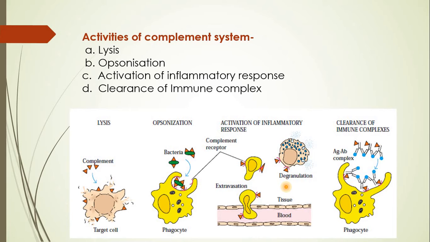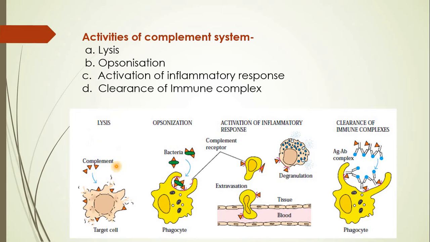There are four important activities of the complement system: it brings about lysis, it causes opsonization, it activates the inflammatory response, and finally it brings about clearance of immune complexes, that is, antigen-antibody complexes. Now what is lysis?